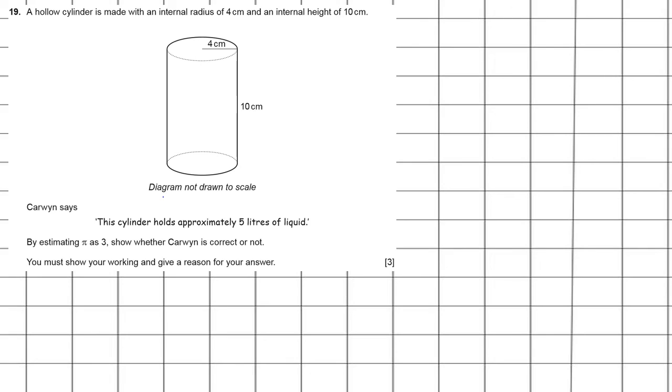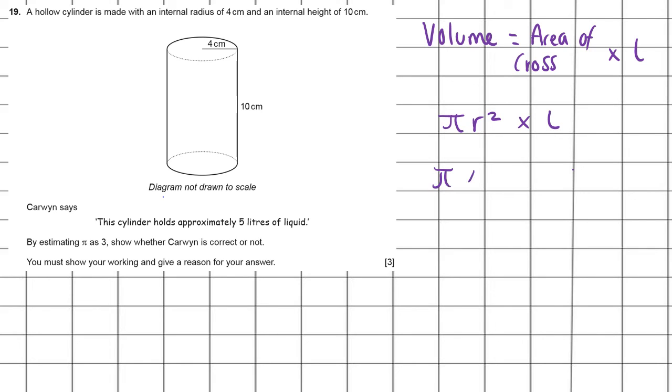Last one, 19. A hollow cylinder is made with an internal radius of 4 centimeters and an internal height of 10 centimeters. Karen says this cylinder holds approximately 5 liters of liquid. By estimating pi as 3, show whether Karen is correct or not. Okay, so volume again, the formula that we used previously is area of cross section times length. Therefore, area of cross section for this is pi r squared times length.